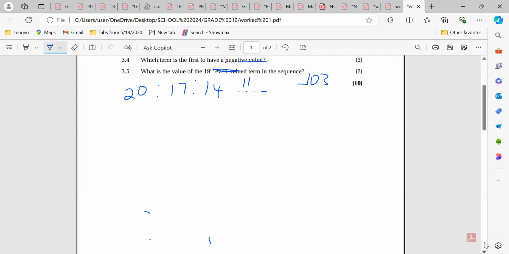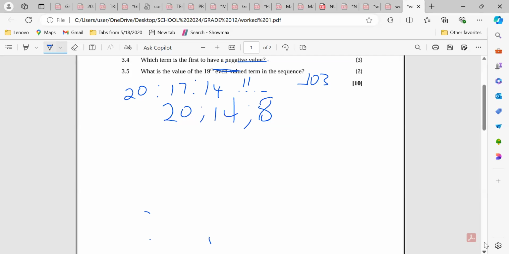Not 42, we have 21 even numbers. Yeah. So if you check the even numbers, I think there's 20. So it's like you create a new sequence. If you take 20 and minus 14, you get 6. You take this one and minus this one, you get 6.